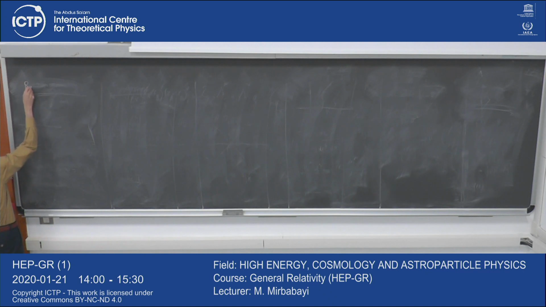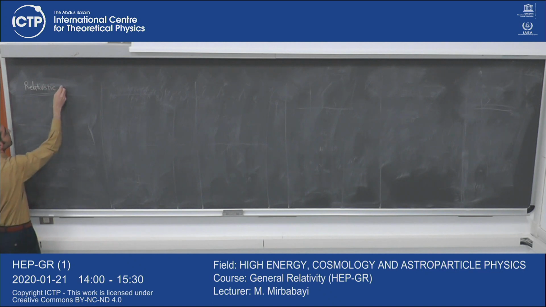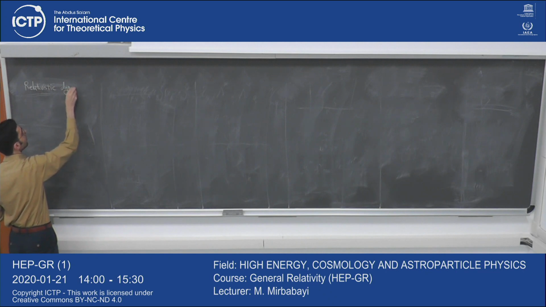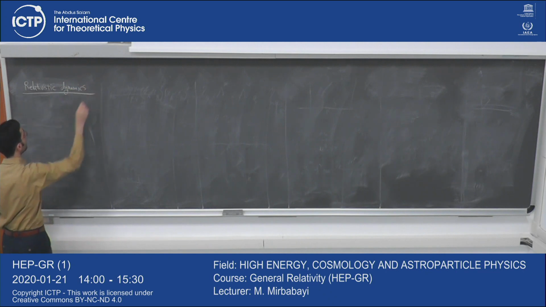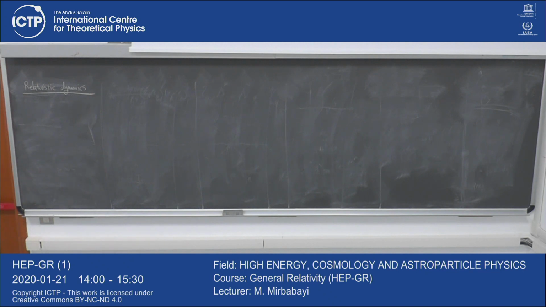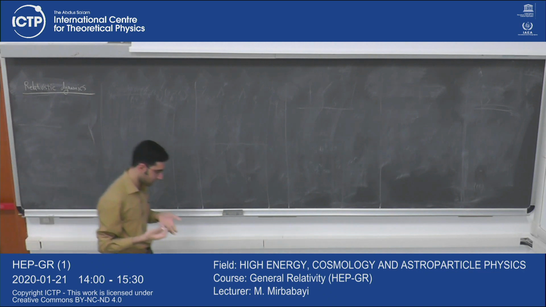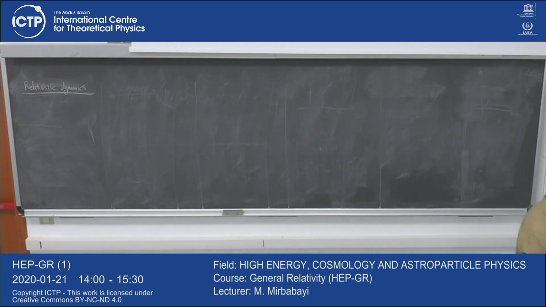Okay, so we can also talk about relativistic dynamics. When we introduce this notion of relativity, what we basically require is that all inertial observers, meaning all of the observers who are related by this Poincare transformation, should see the laws of nature to be identical.